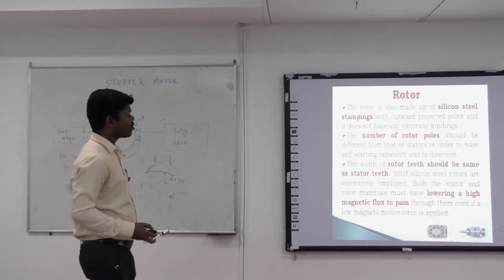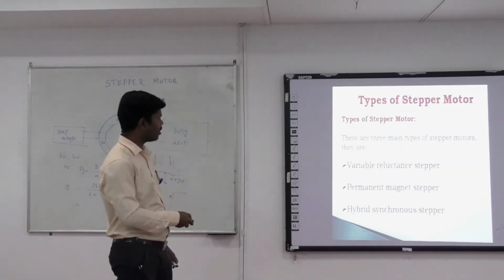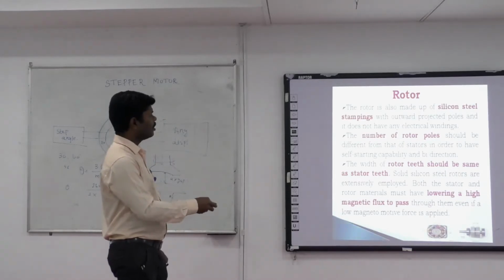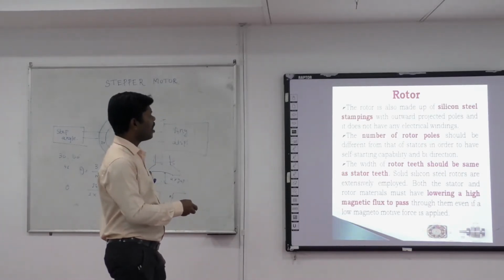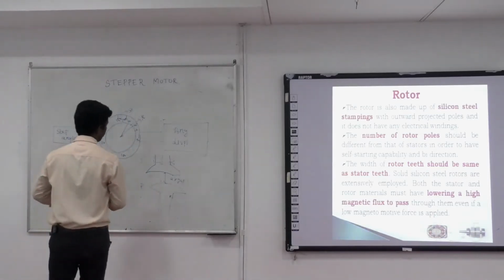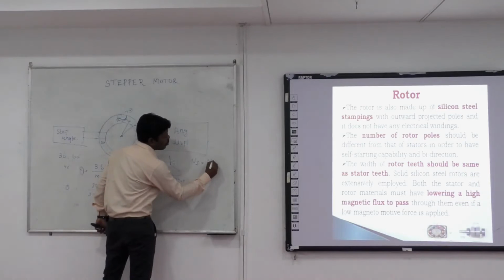So then next one is this rotor. The width of the rotor tip should be the same. The width of the rotor tips should be the same as the stator tips. Example, sir, Ns equal to Nr. So both will be the same.